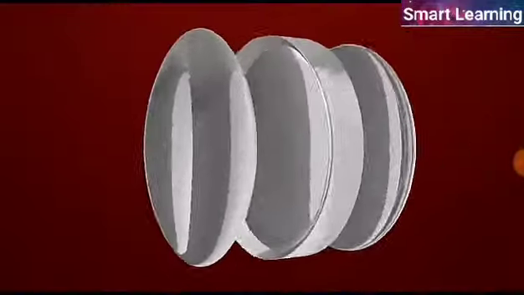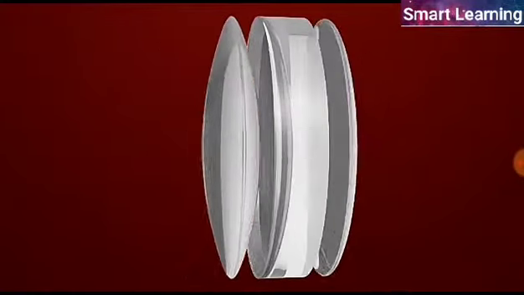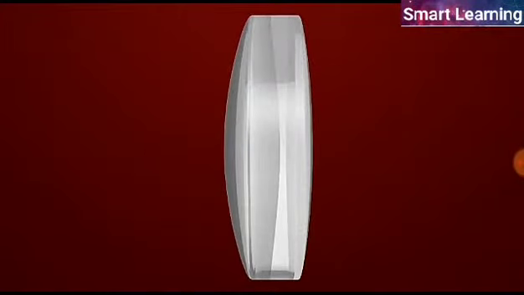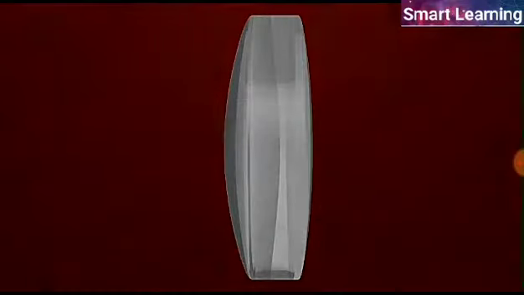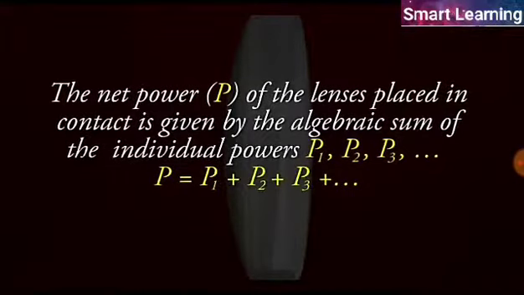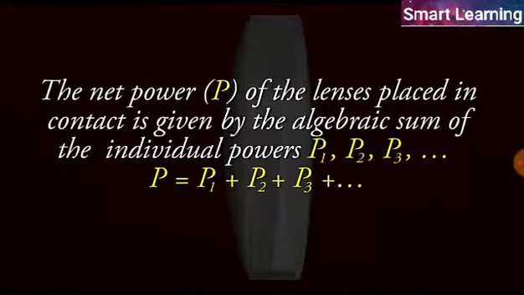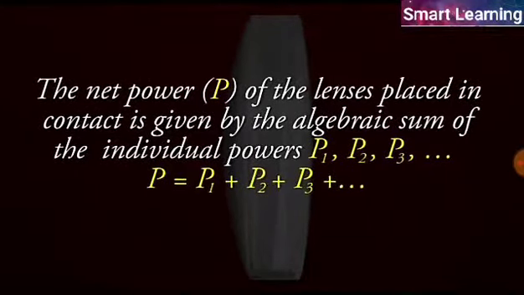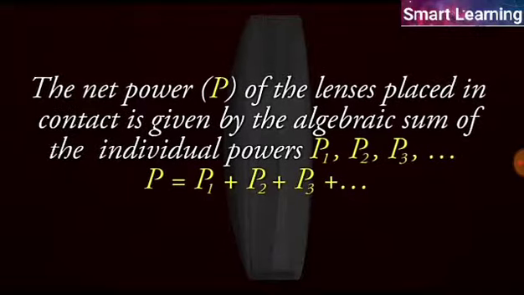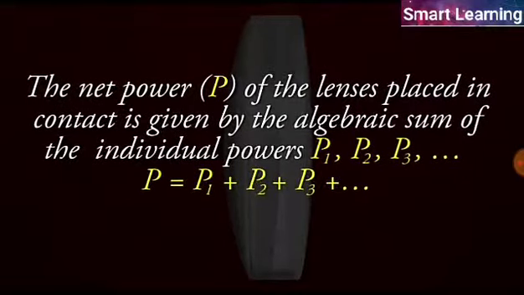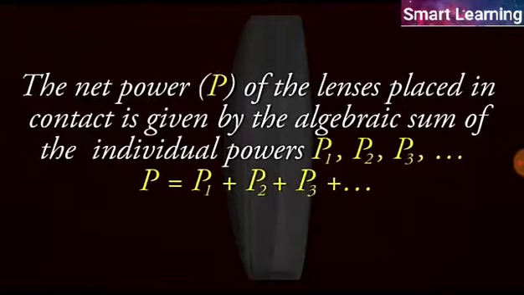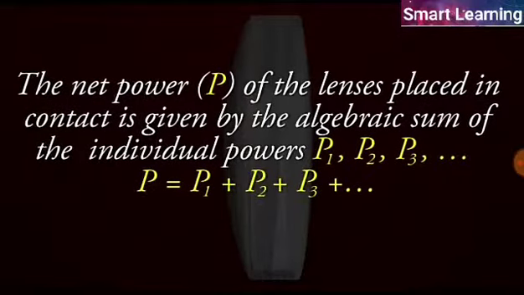They are combined to increase the magnification and sharpness of the image. The net power P of the lenses placed in contact is given by the algebraic sum of the individual powers P1, P2, P3 and so on, as P is equal to P1 plus P2 plus P3 plus so on.